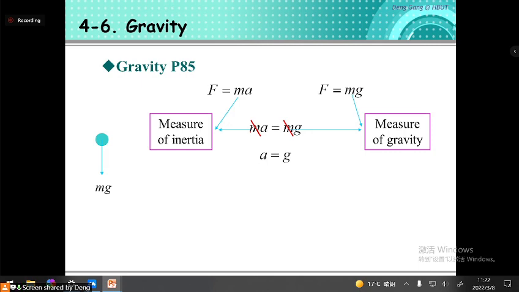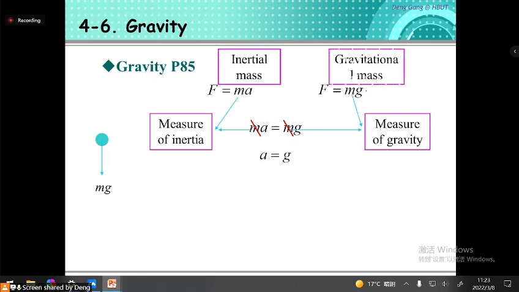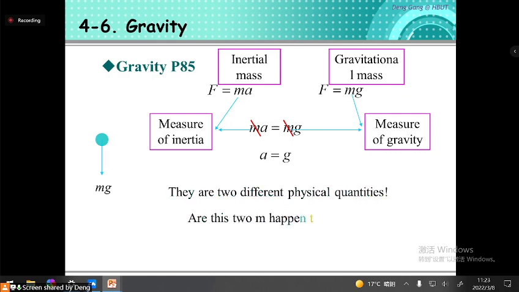The m on the left-hand side is the measure of the inertia, while the m on the right-hand side is the measure of gravity. Actually, we should not use the same sign. So we call this the inertial mass, while we call this one the gravitational mass. They are different physical quantities, but in our daily life, when we cancel these two, it's a correct conclusion. It has been tested.